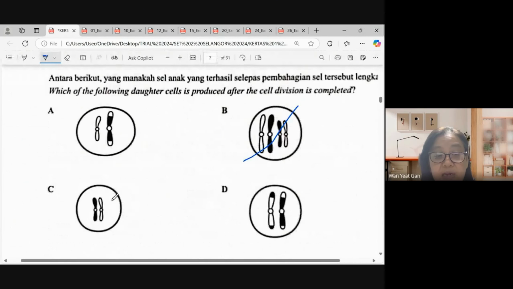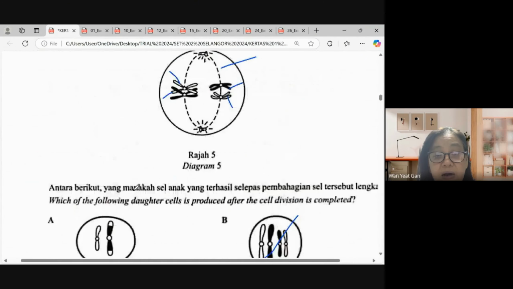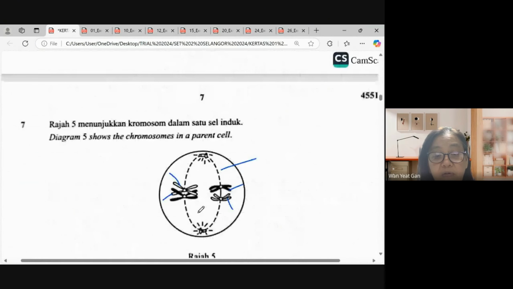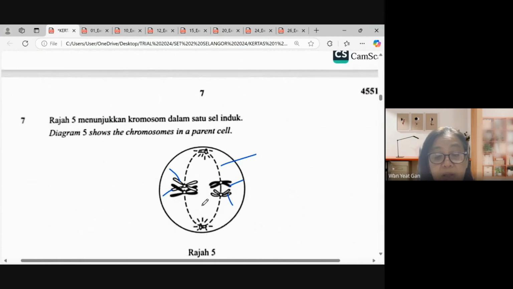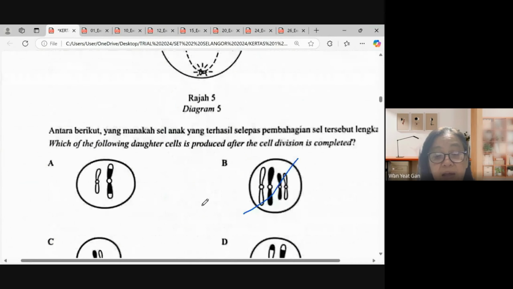So it's either A, C, or D. And then the other thing is the separation of the homologous chromosomes will result in each of the poles having one of each type of the chromosome from the parent. So it's represented by different lengths. So this is out.